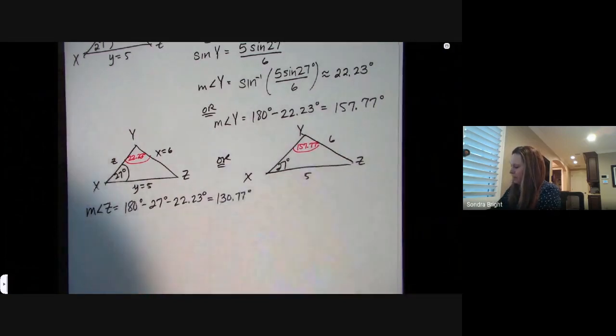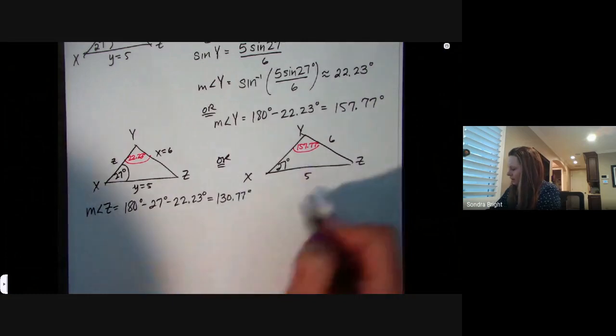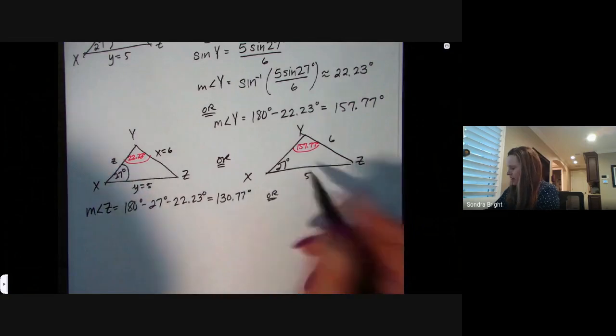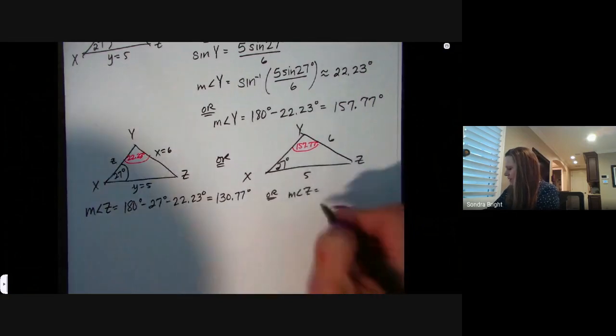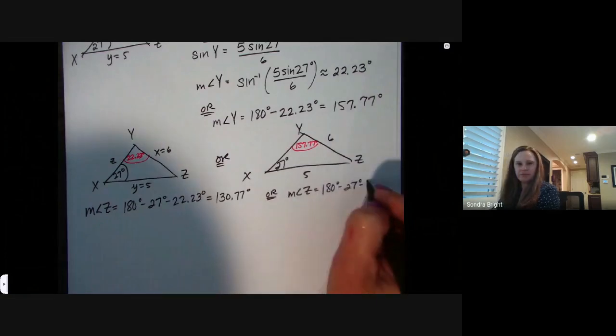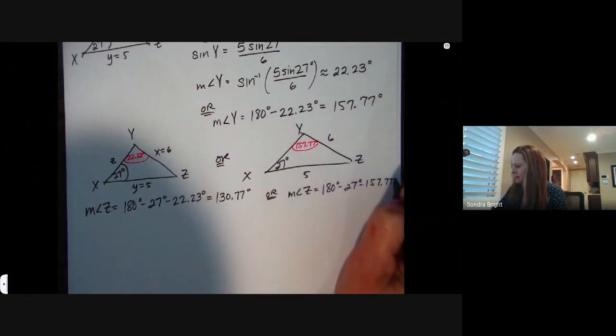Or over here, the measure for angle z on this triangle would be 180 minus 27 minus 157.77 degrees. All right, so what happens?